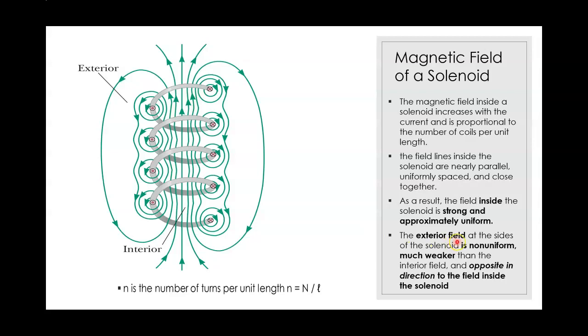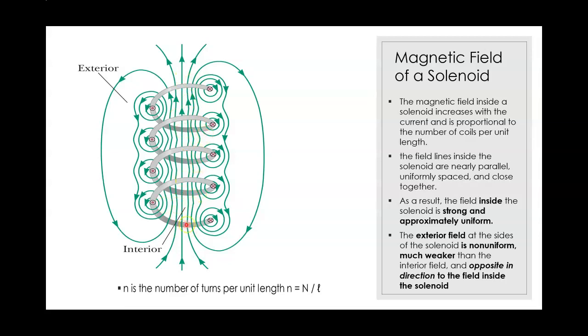The exterior field, so kamu tengok pada yang di luar pula, the exterior field at the sides of the solenoid is nonuniform, so it is much weaker than the interior field and opposite in direction to the field inside the solenoid. Kalau kamu tengok direction of current ini dia begini kan?